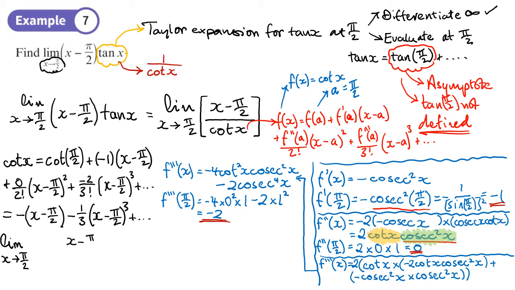X minus pi over 2. Then in the denominator, now we've got the Taylor expansion basically for cot x at pi over 2, which is this. We've just gone up to the x cubed term. That's normally as far as we need to go. Okay, so it's this.